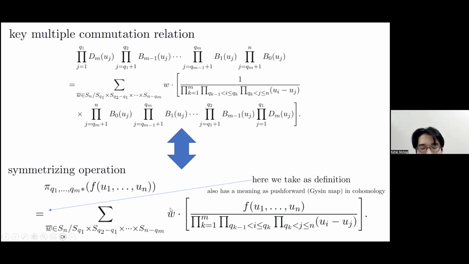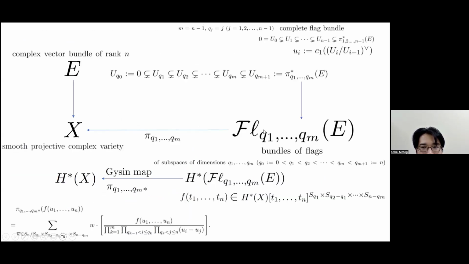I take this here as a definition, but actually there is a meaning to this operation: it is the push forward from the cohomology ring of flag bundles to the cohomology ring of a non-singular variety, or a point.